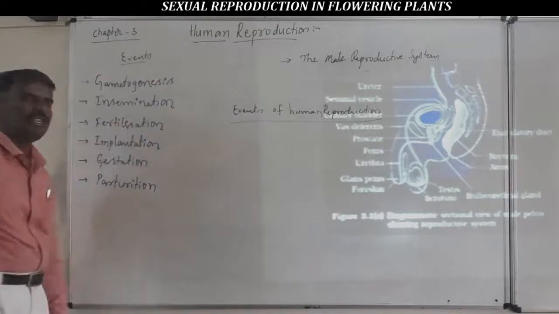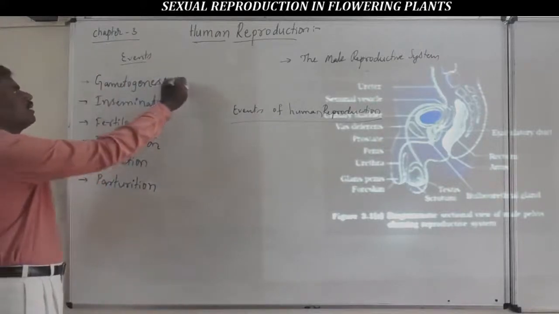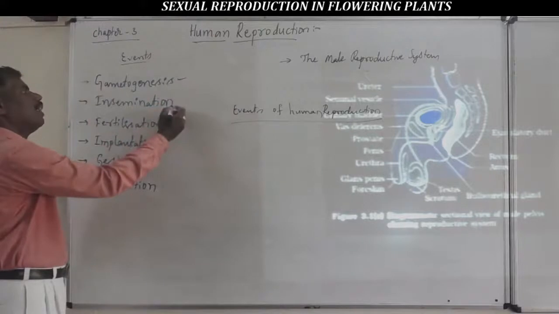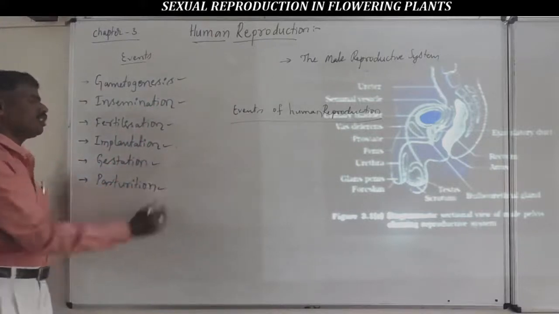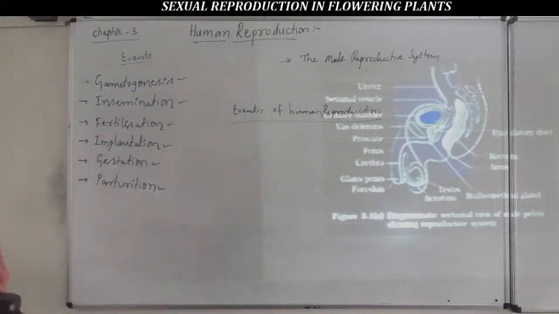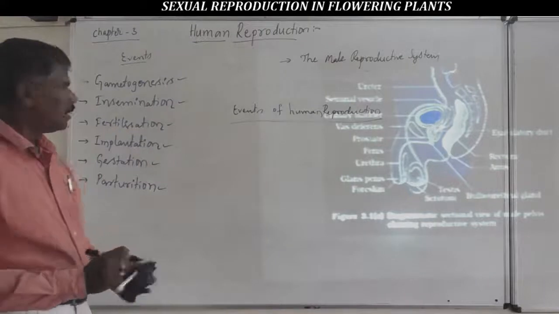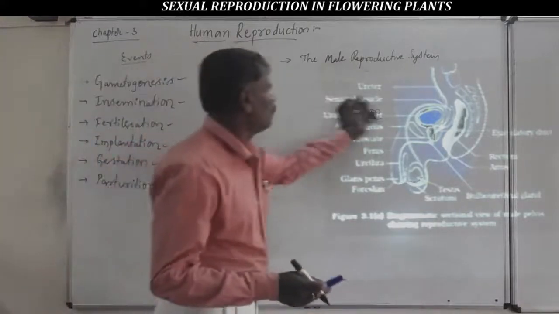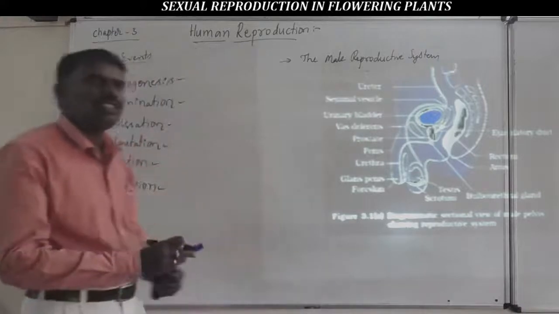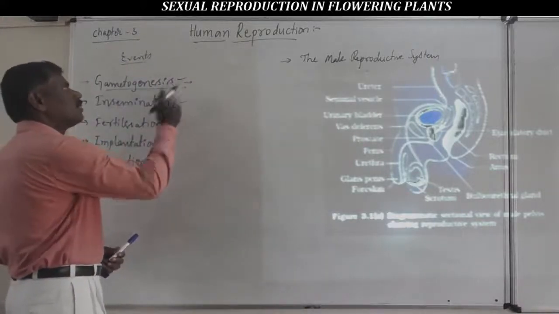These events are gametogenesis, insemination, fertilization, implantation, gestation and parturition. What are these events? The first one which occurs in human reproduction is gametogenesis.